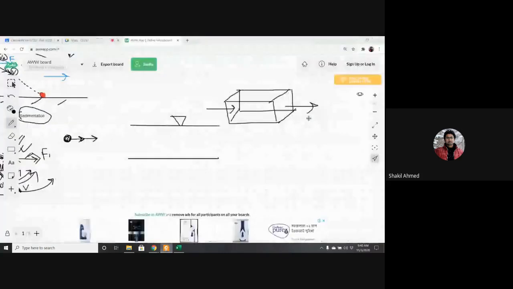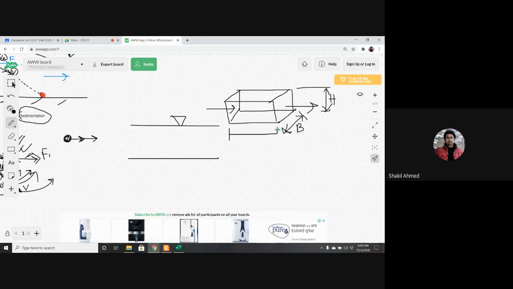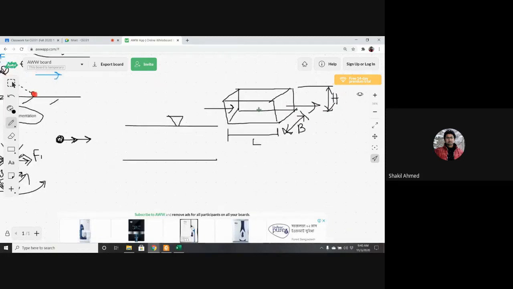This is the height of the tank, H. This is the width of the tank, B. And this is the length of the tank, L. Now, if you look at this cross-sectional area, this is Vh, am I right?